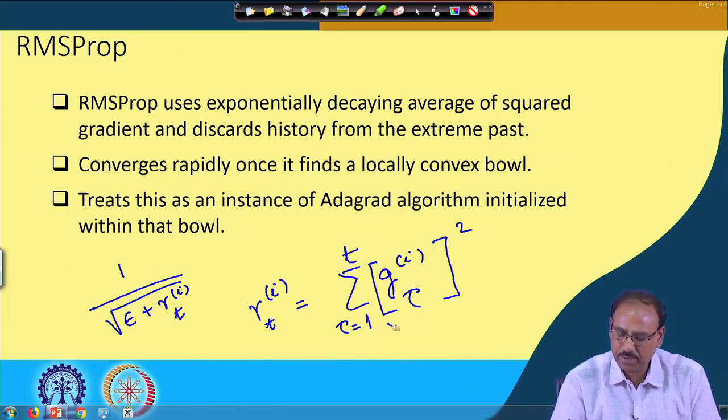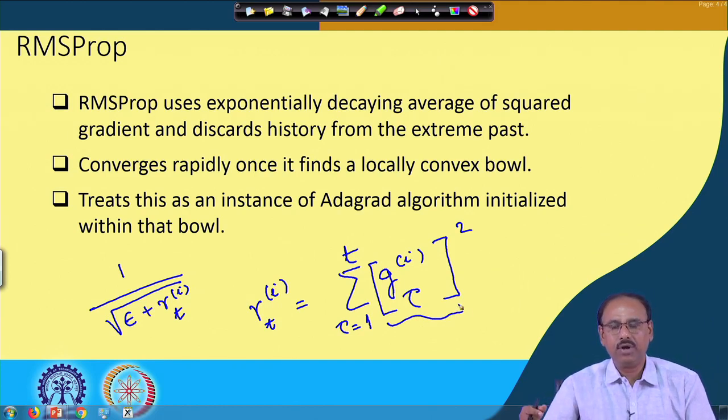So you find that this being a square term which you are going on adding, R_t goes on increasing, it monotonically increases with t, it does not reduce. So that is the problem with the AdaGrad algorithm.